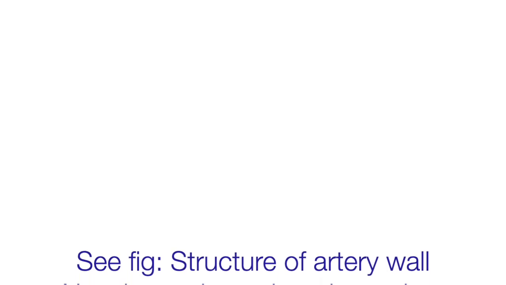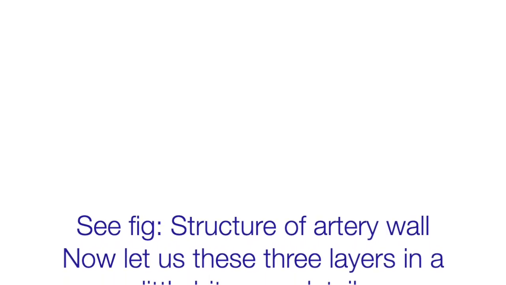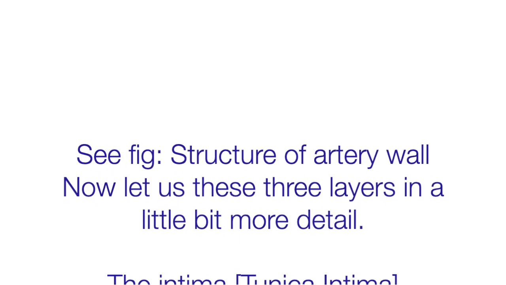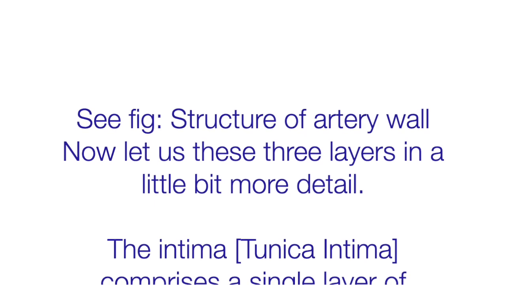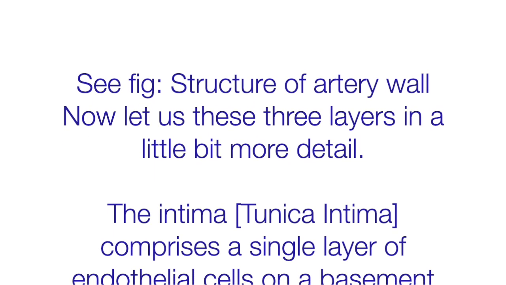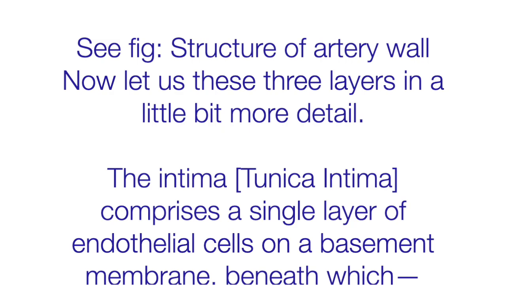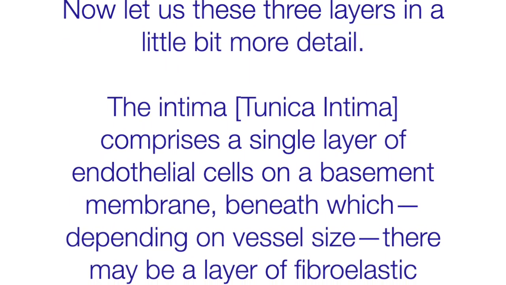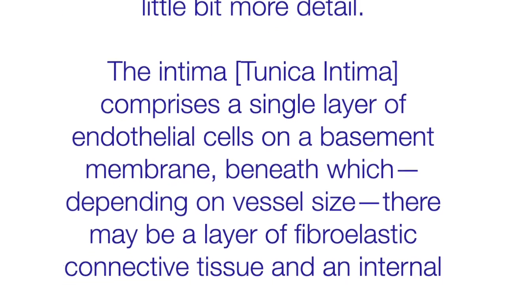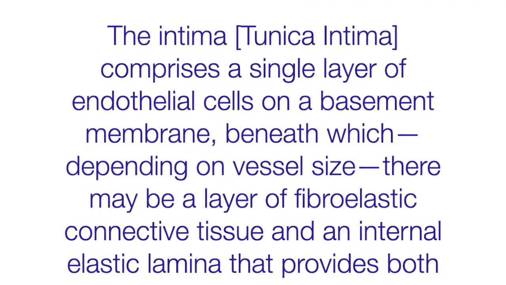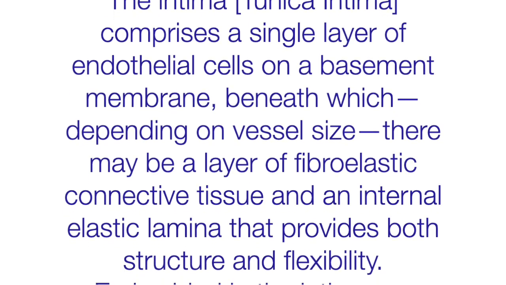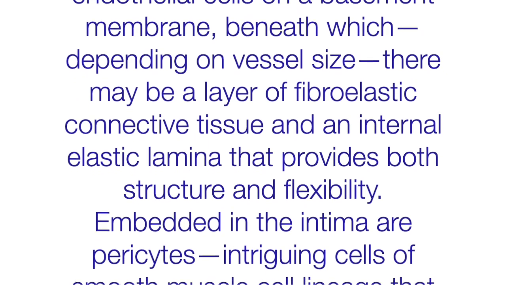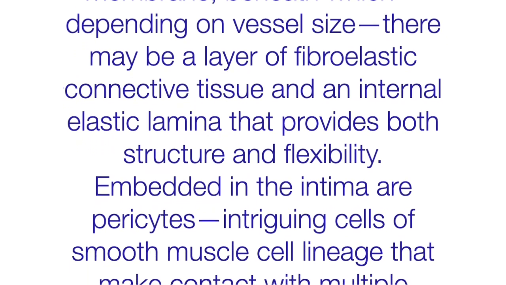We have seen the structure of the artery wall in the previous clip. Now we will see all the three layers of the vessel wall in a little more detail. The intima, that is tunica intima, comprises a single layer of endothelial cells on a basement membrane, beneath which, depending on the vessel size, there may be a layer of fibroelastic connective tissue and an internal elastic lamina that provides both structure and flexibility.